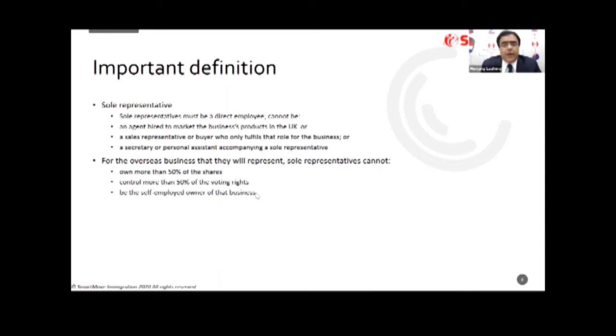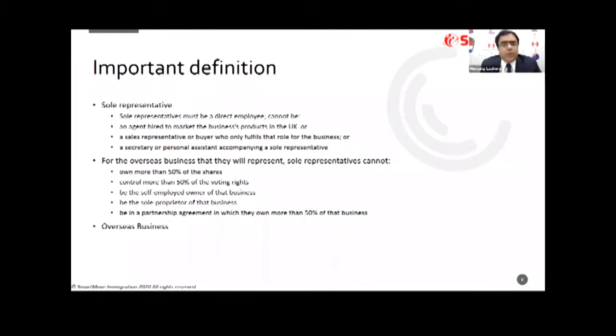So then we would have to look at a different way to say, okay, how can we make this work for you in that case? You can neither be in a partnership agreement where you own more than 50% of the business. So again, it's all designed to ensure that the primary place of the business remains outside the UK. They don't want the entire management to be shifting to the UK as a part of this application process.